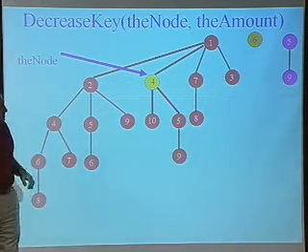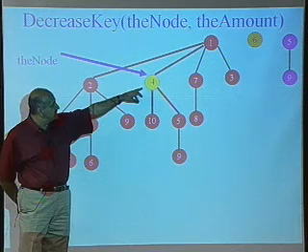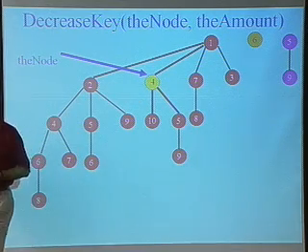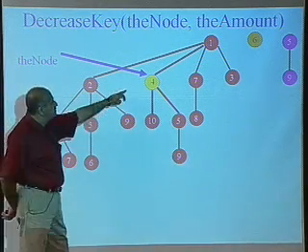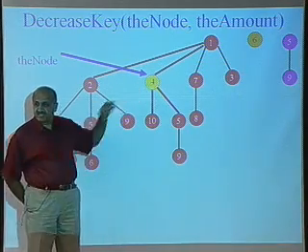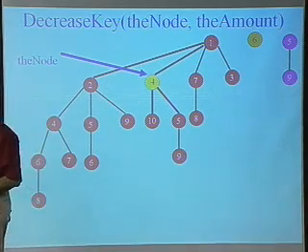Okay. So if I decrease the key from 4 to 3, I don't have to do anything. I just leave things the way they are. If I decrease the key from 4 to 0, I have a problem because now my parent has a bigger key than I have, and that's not permitted.